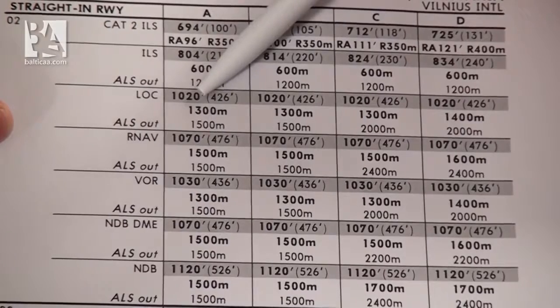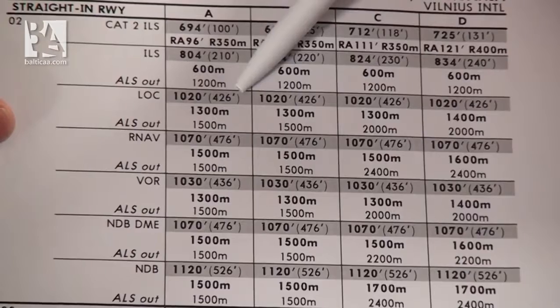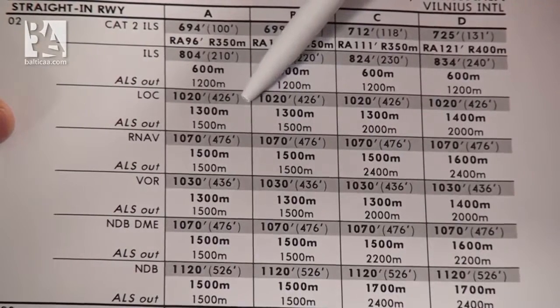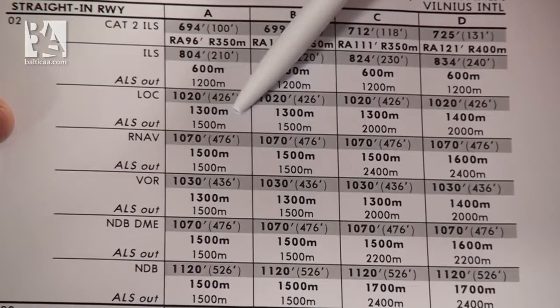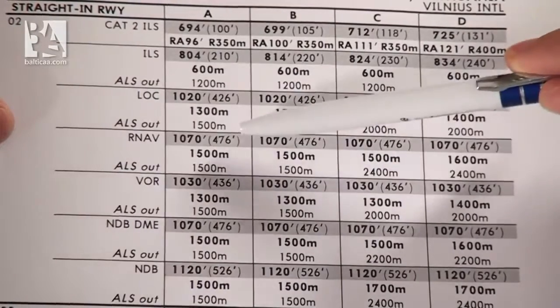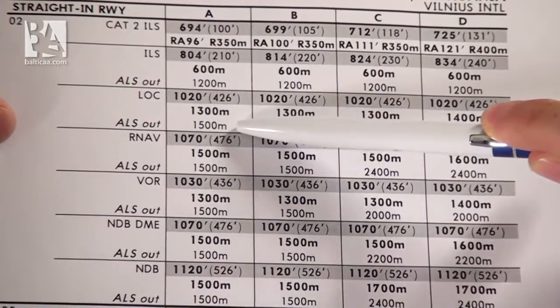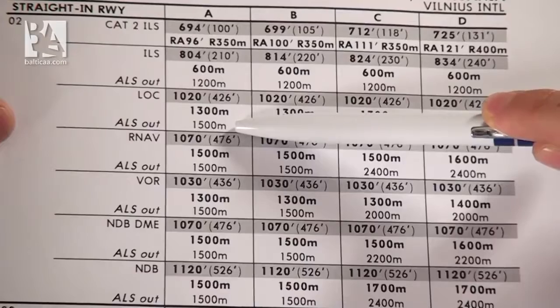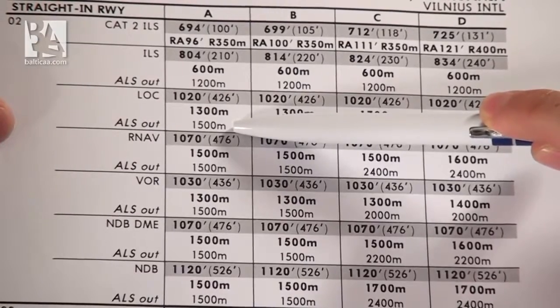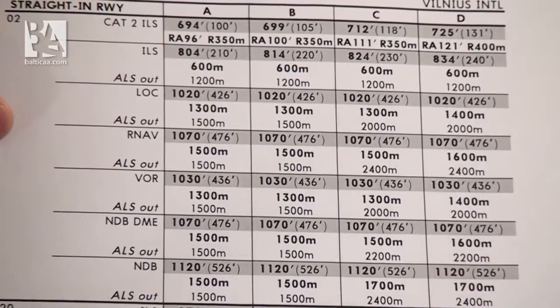They are 1020 feet above the mean sea level or 426 feet above the ground and 1300 meters of horizontal visibility for category A aircraft. Should the approach lighting system be out, we would increase the meteorological horizontal visibility by 200 meters to 1500. And this is all basically the same for all of the other approaches.